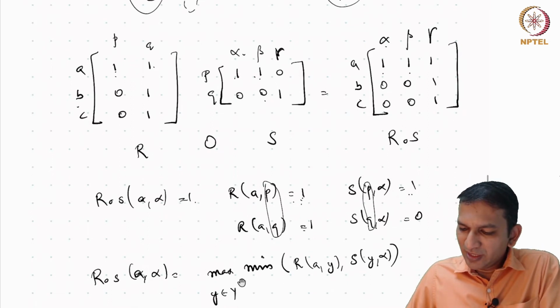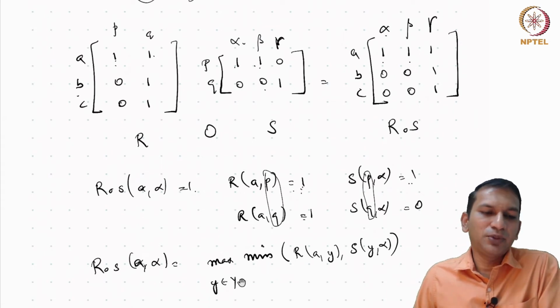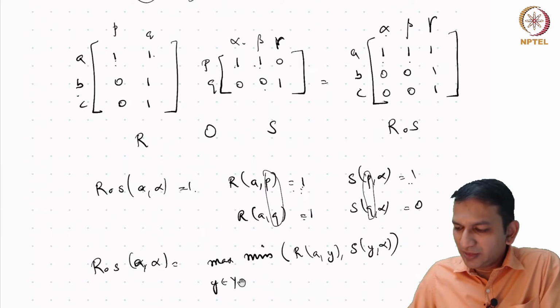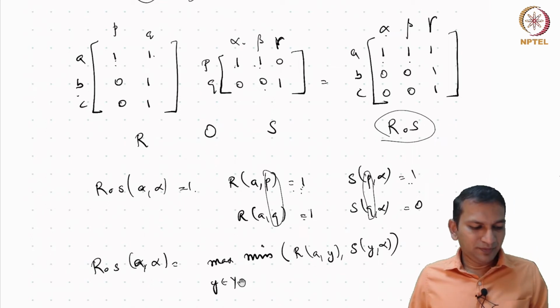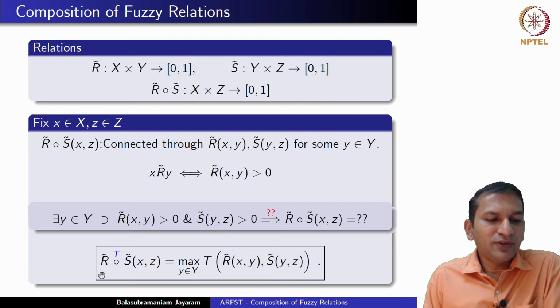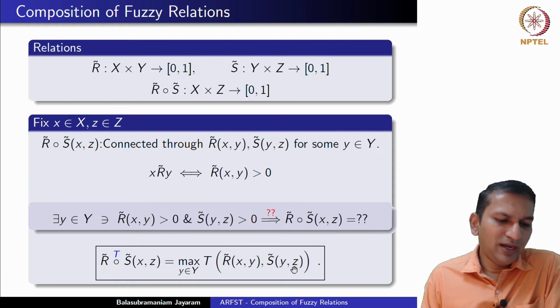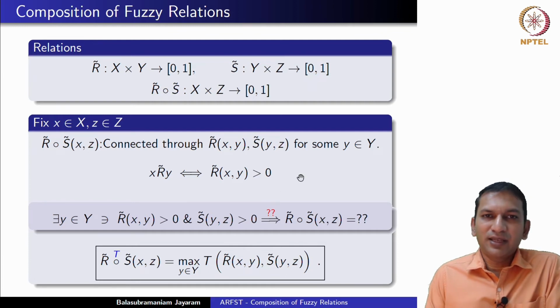So essentially if you take these two matrices and do a max min composition or a max T composition, that is how you get the composition of relations. And simply we could use this in the case of fuzzy relations too, because now these are not just 0 or 1 values, these values come from the entire interval 0 1, and this formula is valid in the classical case too.